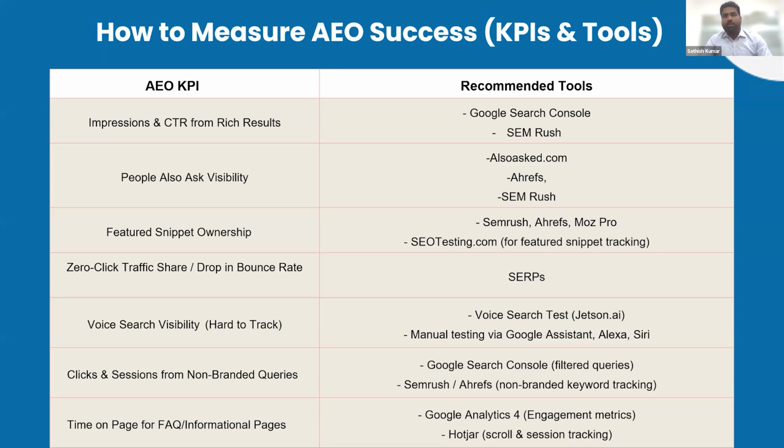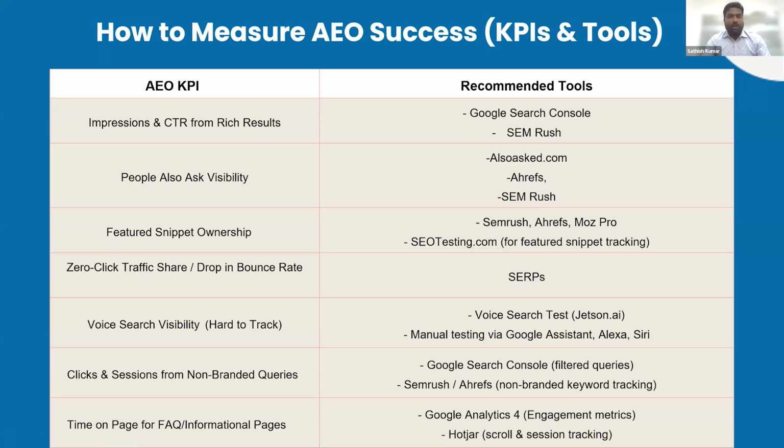Voice search visibility is hard to track, but you can see if somebody is using Siri and asking questions about your products or services, whether you come up at the top. But this is a very manual testing process. You can also see how many non-branded queries you are coming up for through Google Search Console.